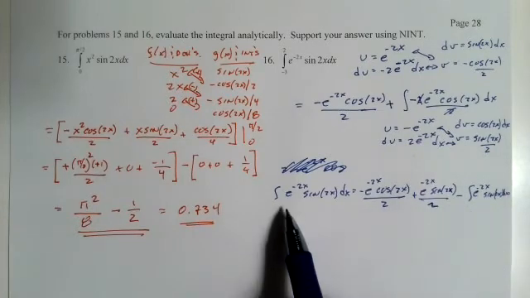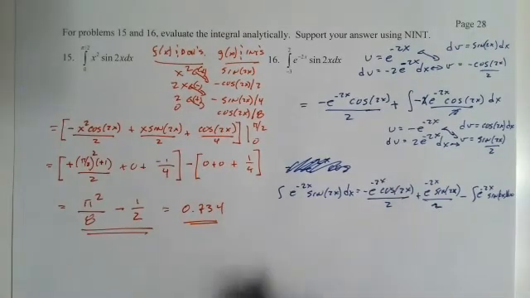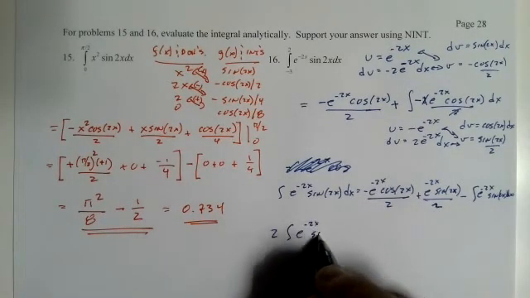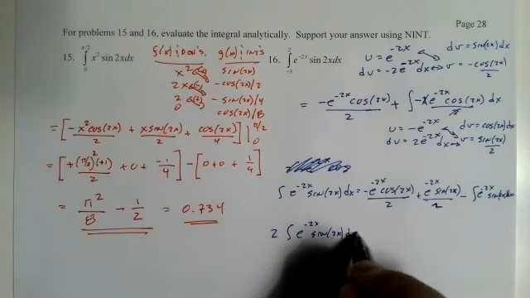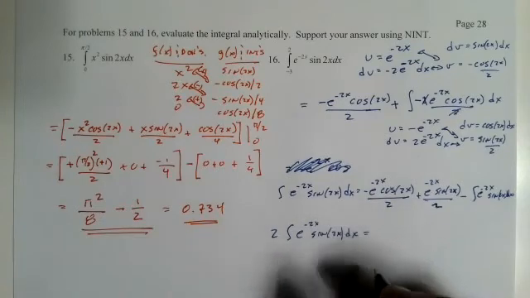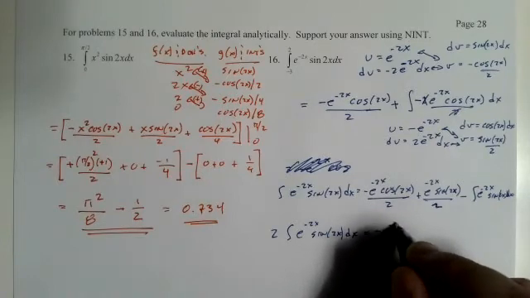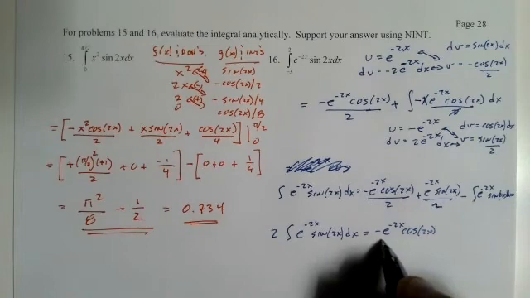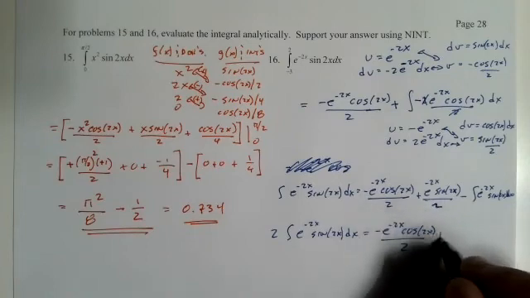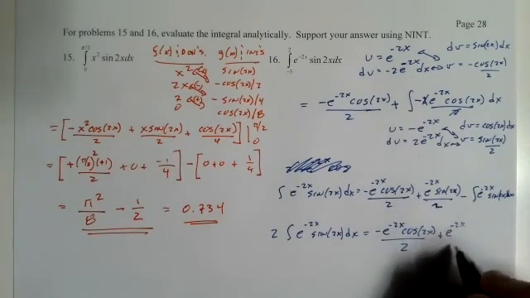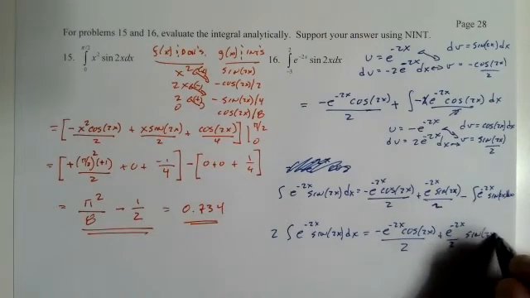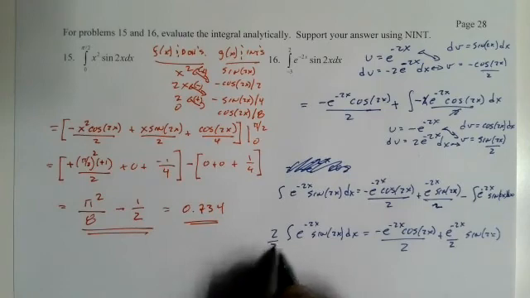Add this to both sides. 2 integral e to the negative 2x sine of 2x dx equals negative e to the negative 2x cosine of 2x over 2 plus e to the negative 2x over 2 sine of 2x, divided by 2.